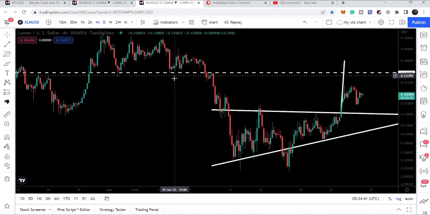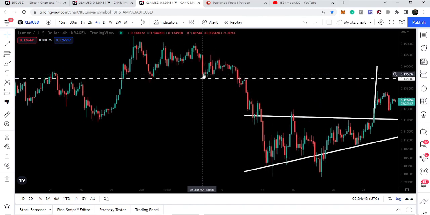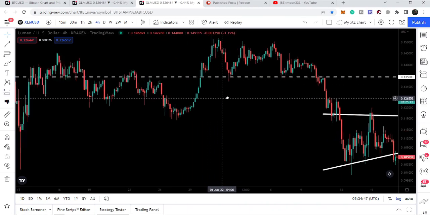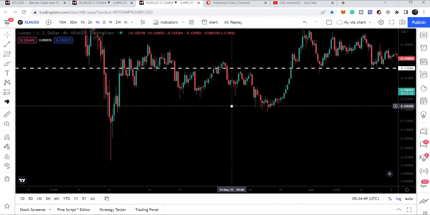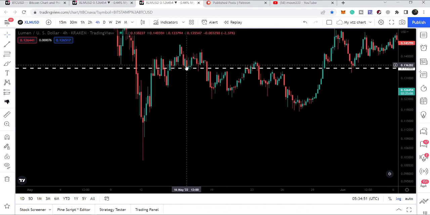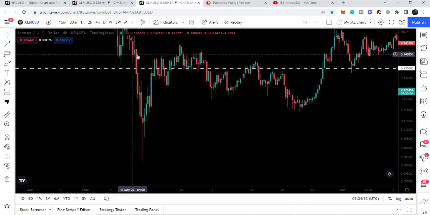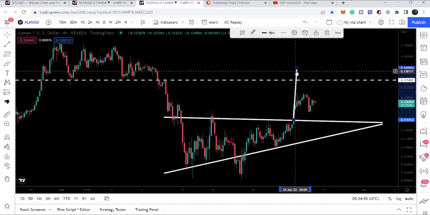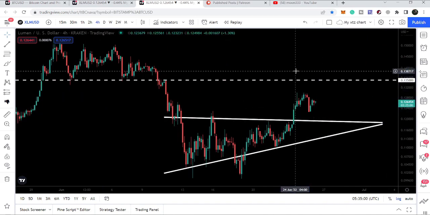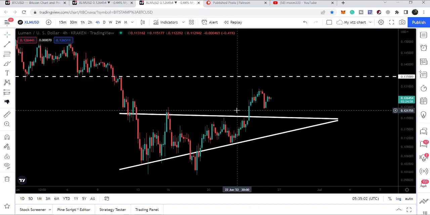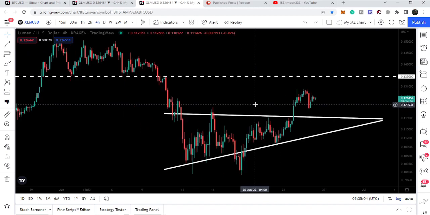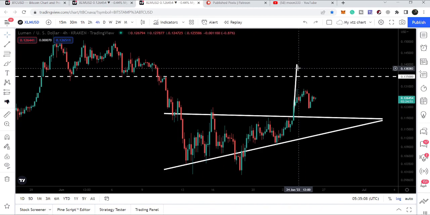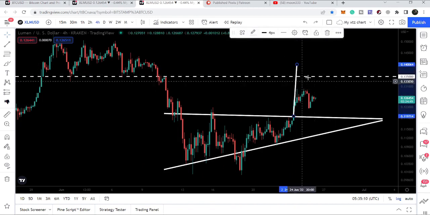You can see that previously, on 7th of June, it broke as a support, on 2nd of June it worked as a support, and before that as a resistance, and almost as support here as well. Therefore it can again work as a strong resistance for the price line. But after breaking out this triangle, I'm expecting that soon it can break out this resistance, because the target is showing us a projection beyond this resistance of the triangle.